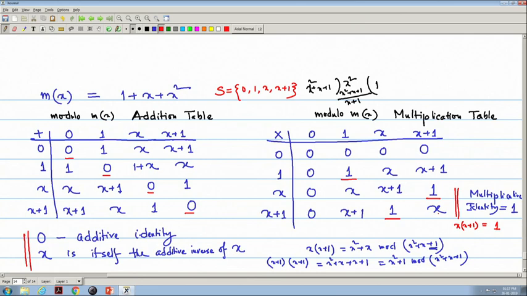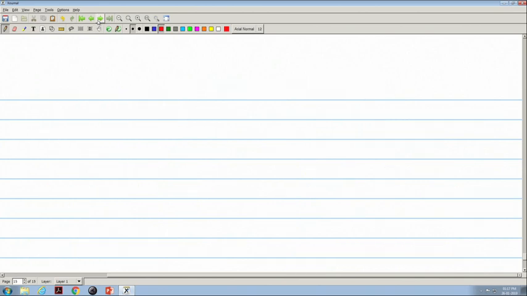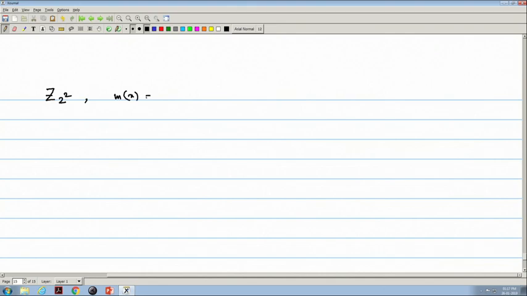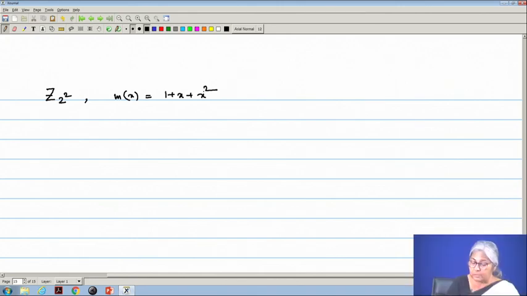So, I can conclude that we have taken Z p to the power n, Z2 square, and the irreducible mx we have taken is 1 plus x square. This is important because selection of a different irreducible polynomial will give different results.